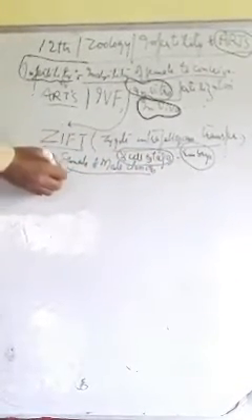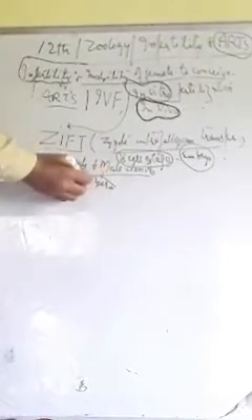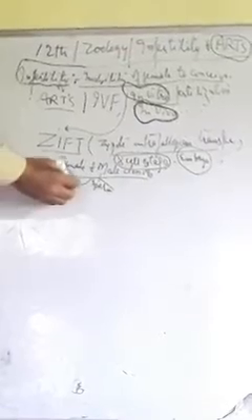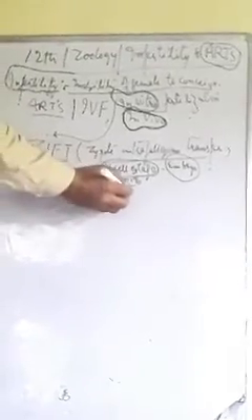Female can donate the egg or ova, male can donate the sperm, and these sperms and eggs are taken under laboratory conditions, and the egg is fertilized in the laboratory by means of sperm.